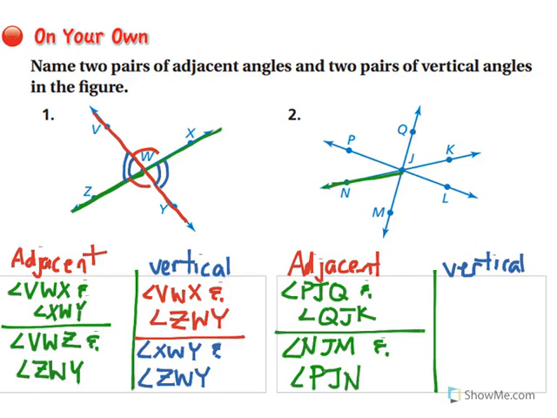I'm going to go ahead and continue this line all the way across. And then I have a blue one. We'll continue this all the way down. And then I have a red one. It goes this way. These can be confusing. I like using colors. Colors make it easier, I think. So let's look at two different sets of vertical angles.